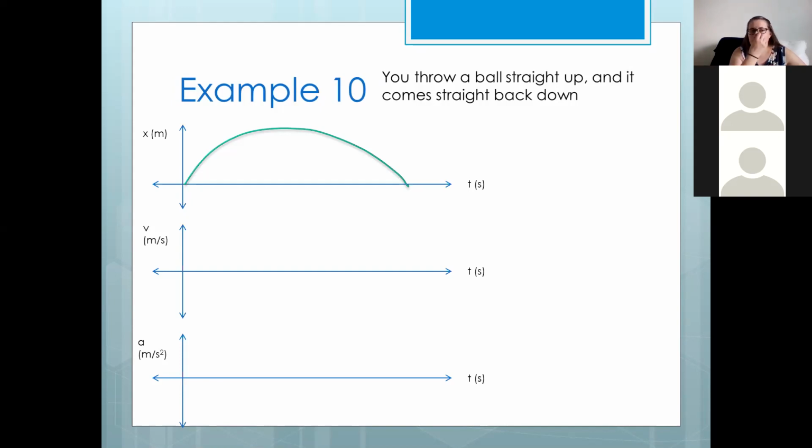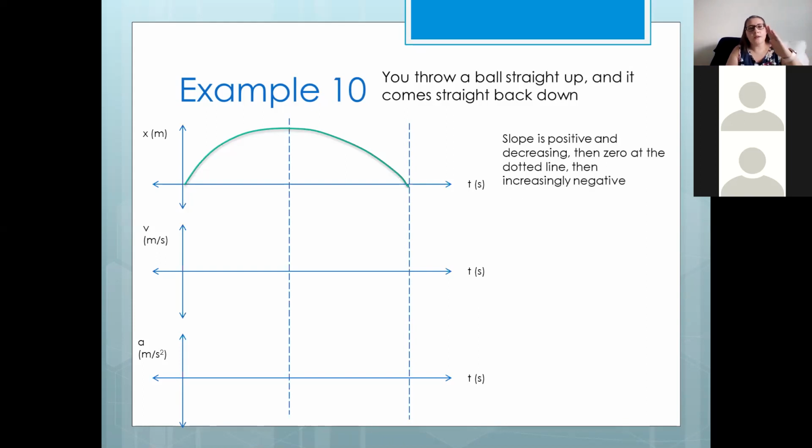So that's what's happening there in this position time graph. And so I drew our dotted lines there, one halfway through our curve where it's changing direction. That's an important thing to notice. And then once again when the motion is ending. So if we look at that first part of our position time curve, we can see that the slope is positive, but it's decreasing as we move along.